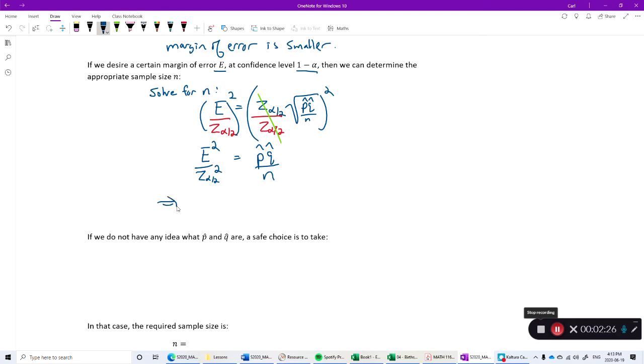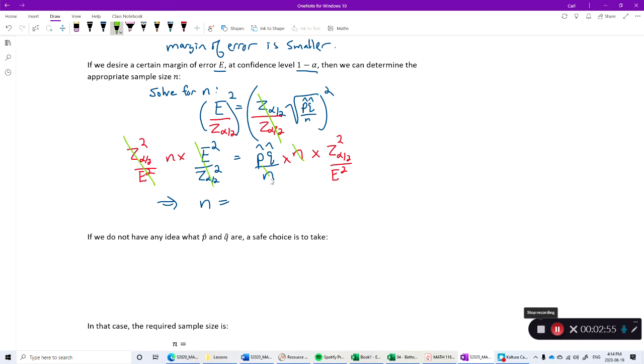Well, I can multiply both sides by n, and that will cancel there, and I can also multiply both sides by the reciprocal of that expression, and then this stuff will go away.